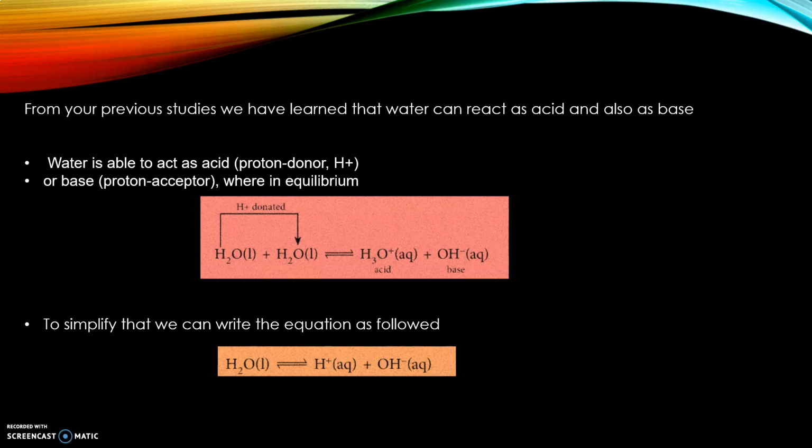It works as an acid when reacting with a base, and as a base when reacting with an acid. So water can react as an acid, a proton donor, and also as a base, a proton acceptor. In equilibrium, we can simplify the liquid H2O.